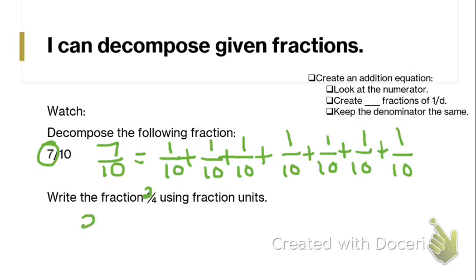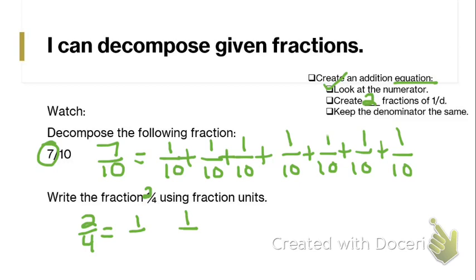So I'm still going to start off the same. I'm going to start off with 2/4 equals, because I know I'm going to have that equation. And then I'm going to look at the numerator. The numerator tells me how many unit fractions I need. I have a numerator of 2. Okay, so I need 1, 2. I'm leaving space in the middle because it's an addition equation.